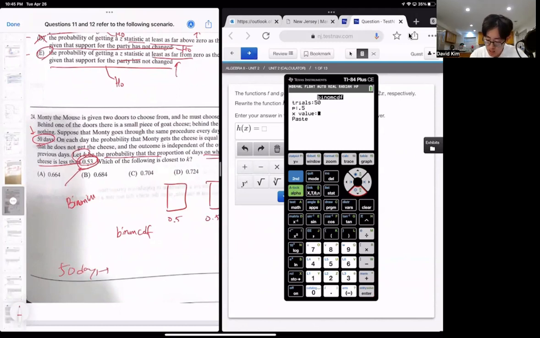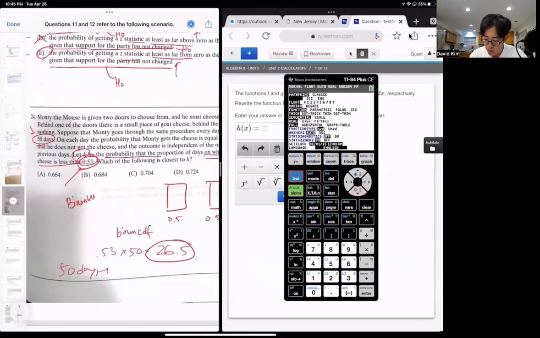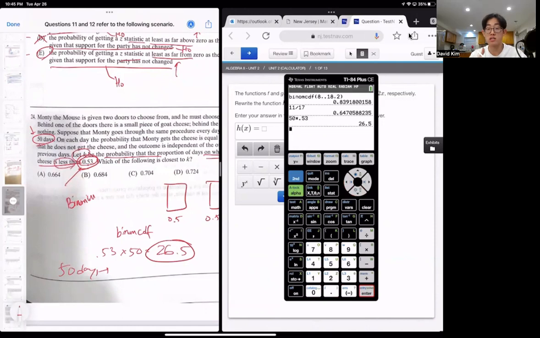So if you take 0.53 times 50, you get 26.5. I'll show you that real quick. So 50 times 0.53, 26.5. So you want to say it's less than 26.5, which means you can start from the 26th day. So let me go to binomial CDF. Trials 50, chance of success 0.5, and this will be 26.